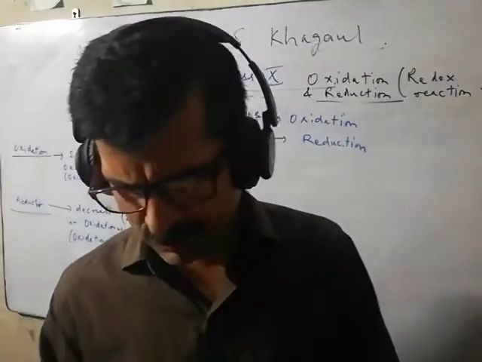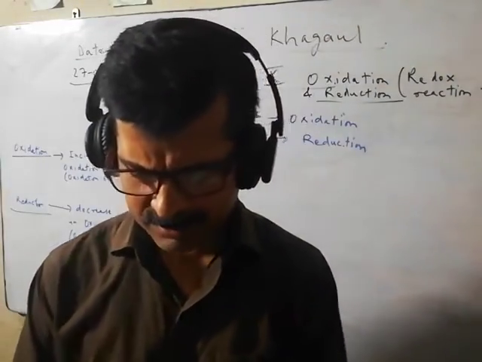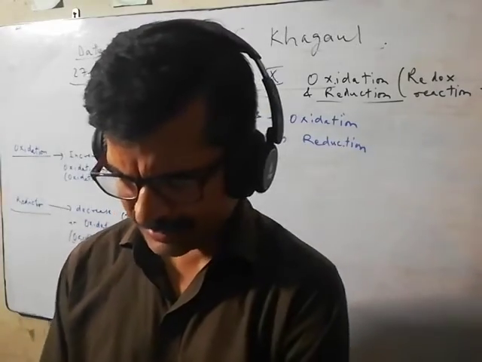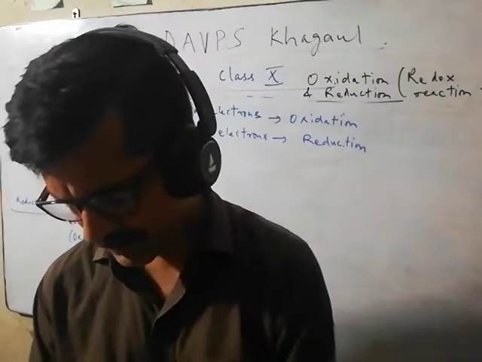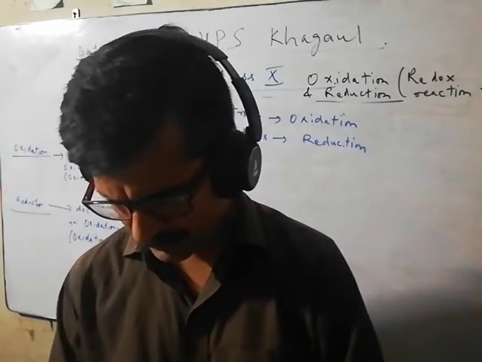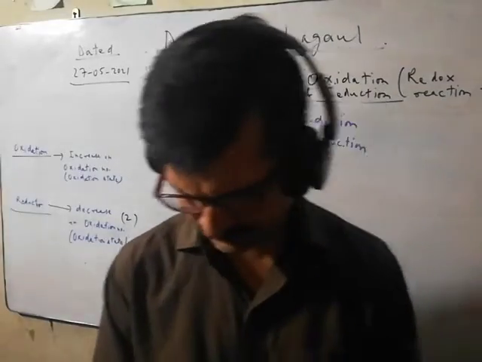Okay, some more reactions. Let us go through them, because in the examination we will also get many exercises and many reactions. So let us go through some more reactions.